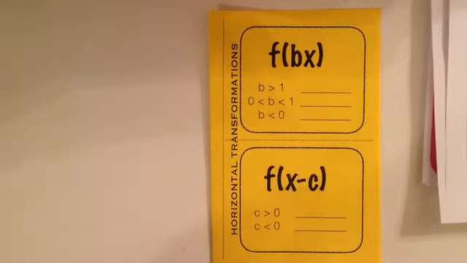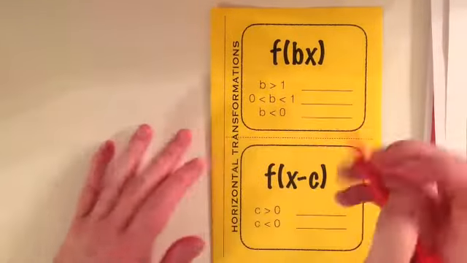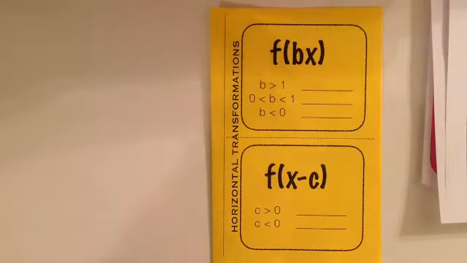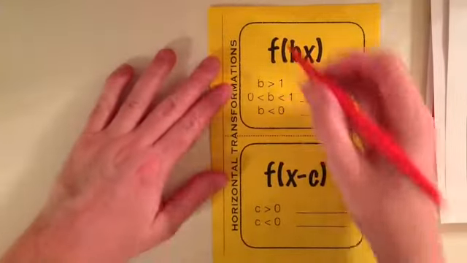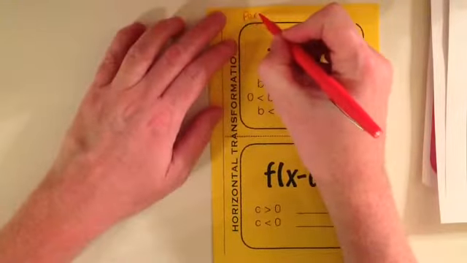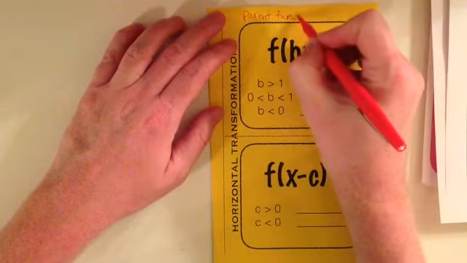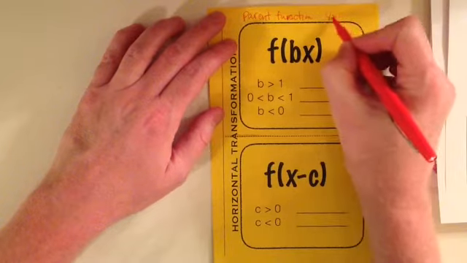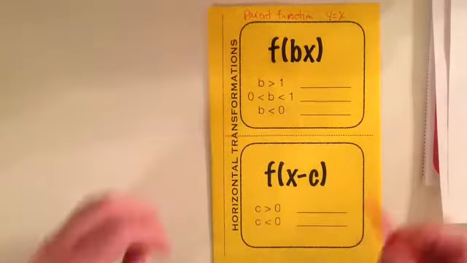So now we're going to look at horizontal transformations, and that's on the yellow foldable that you have. What I want you to notice about the horizontal transformations is we're still talking about how everything changes from the parent function, which is y equals x.